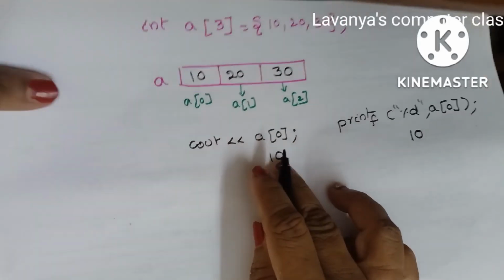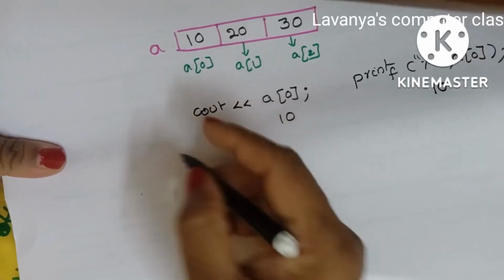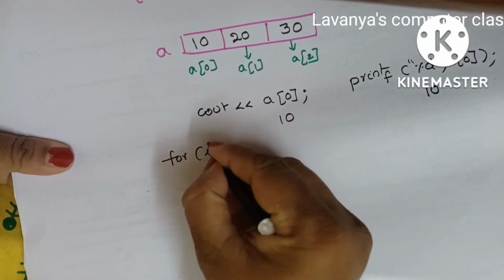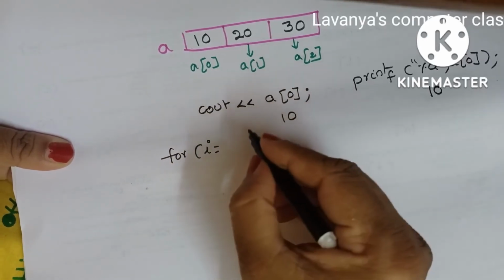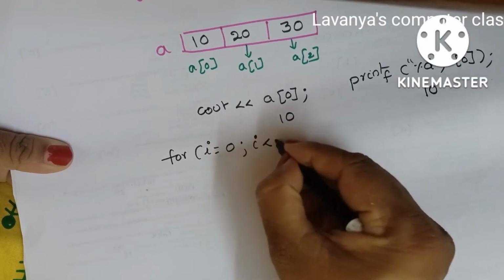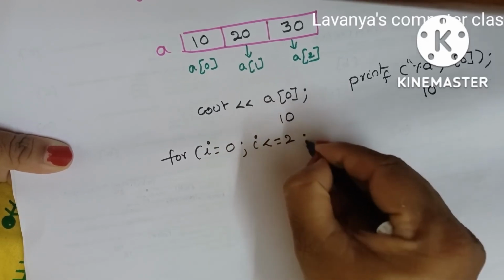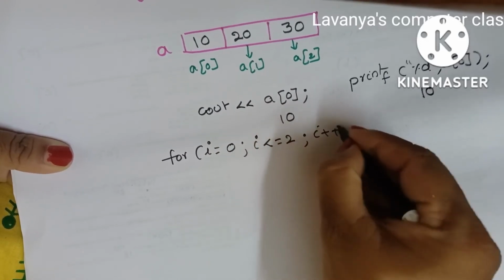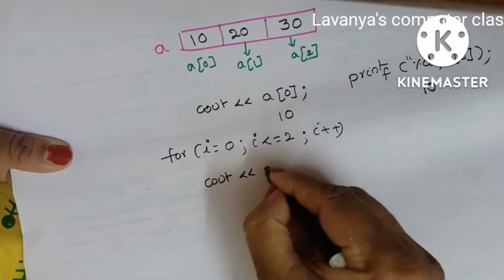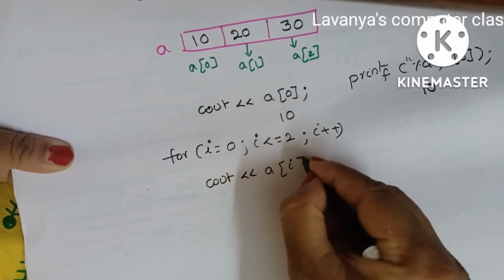If we want to print all the values at a time, then we use a for loop statement. For i is equal to 0. In the loop statement, we always start with the value 0. I value 0, i less than or equal to 2, i plus plus. It is a loop statement. In C++, just write cout a of i. What is a of i?